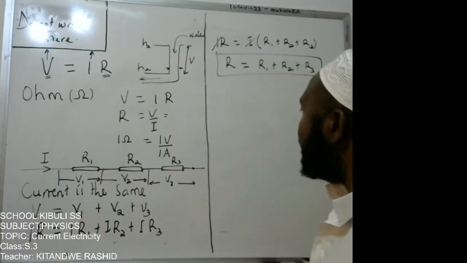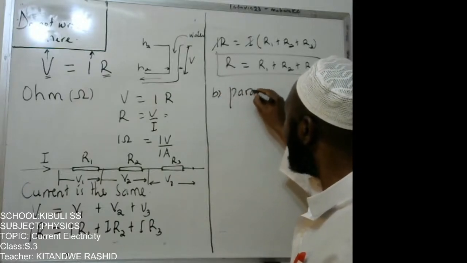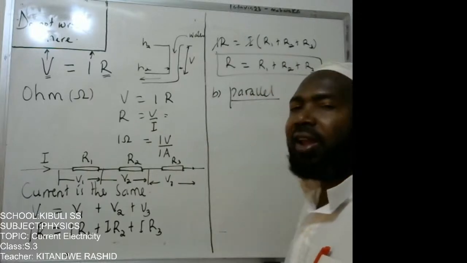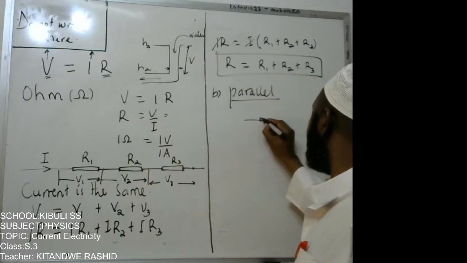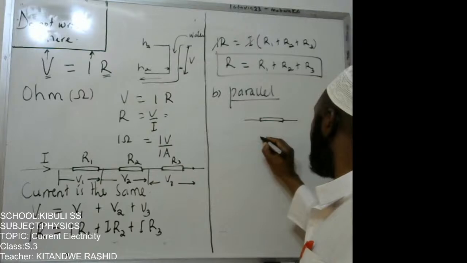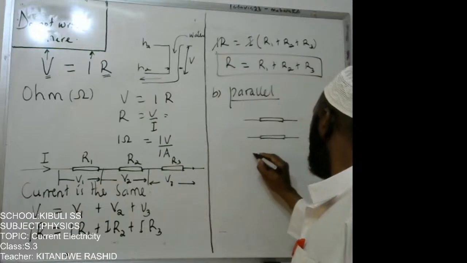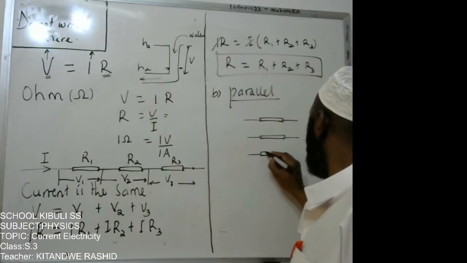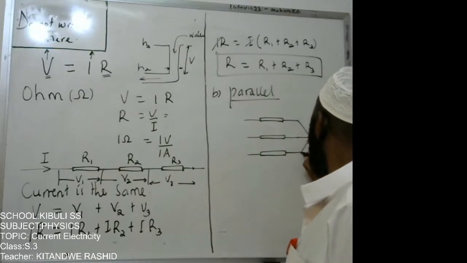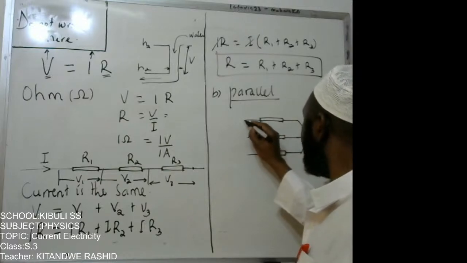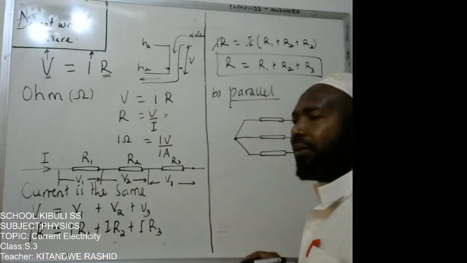Now, if resistors are connected in parallel, it implies that if we have resistor R1 and resistor R2 and resistor R3, the three of these resistors are having a common point. A common point.